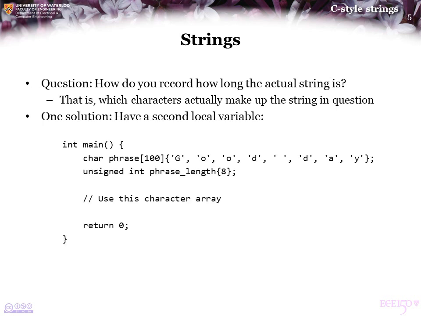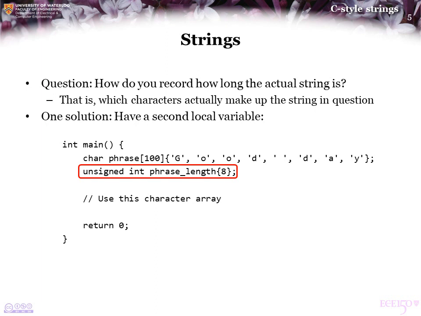One solution is to have a second local variable. So here the character array has capacity 100, but only the first 8 characters are part of the string. And so I could include a local variable. The length of a string will never be negative, so I will declare it to be unsigned int. And this phrase length variable will store the number of characters.